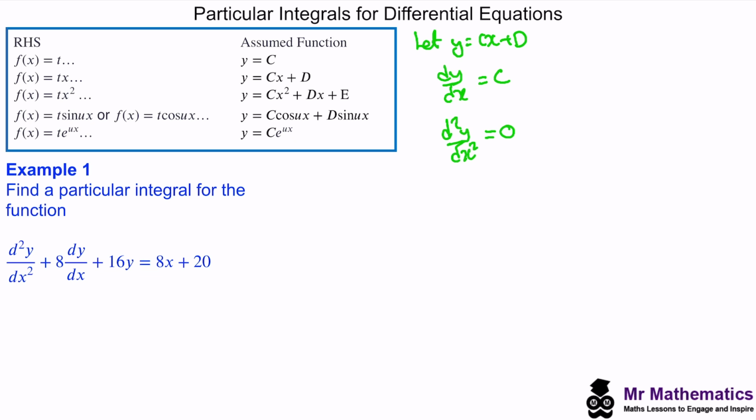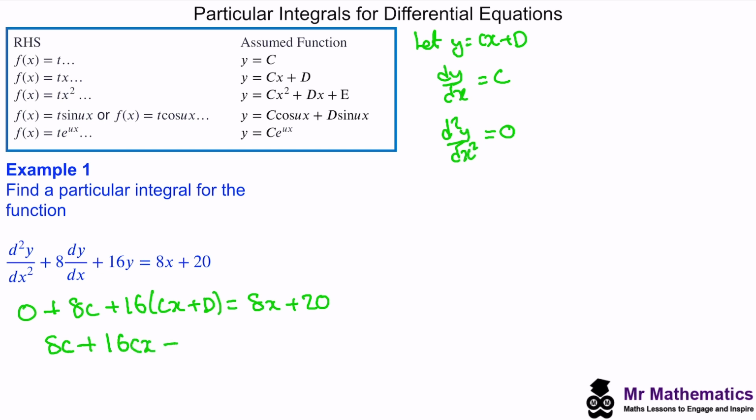So we get 0 plus 8 lots of c plus 16 lots of cx plus d. And this is equal to 8x plus 20. We'll expand the brackets out, so we get 8c plus 16cx plus 16d is equal to 8x plus 20.